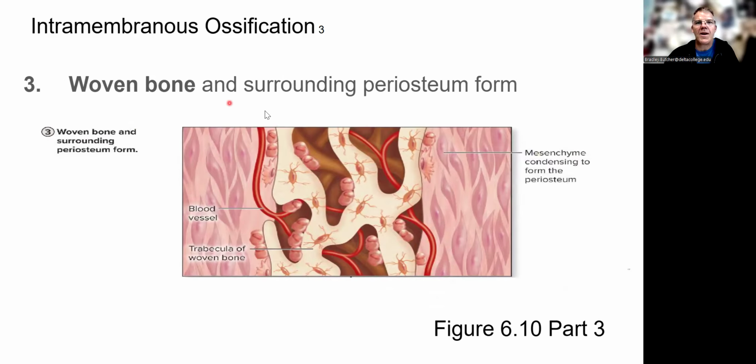The woven bone and surrounding periosteum form. So now you've got some of this bone being formed. This is a trabecula of the spongy bone. And you see this mesenchyme condensing to form the periosteum superficial to that.